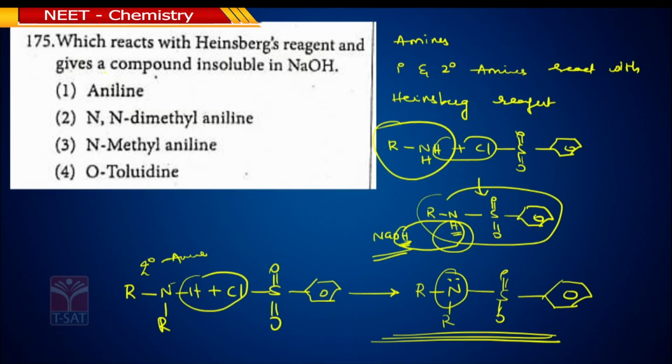So, in the given options, aniline is a primary amine, N,N-dimethyl aniline is a tertiary amine, and N-methyl aniline is a secondary amine. That is why N-methyl aniline reacts with Hinsberg reagent but does not dissolve in NaOH.